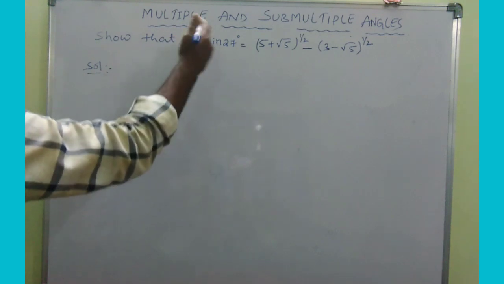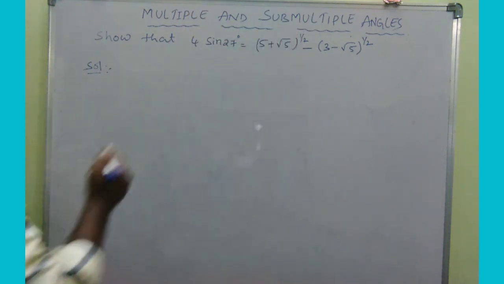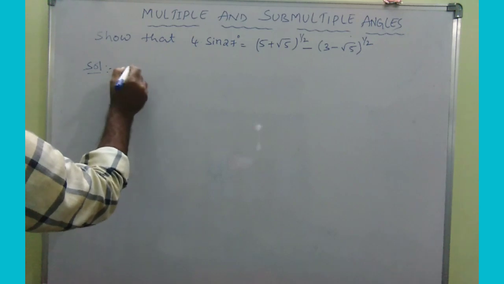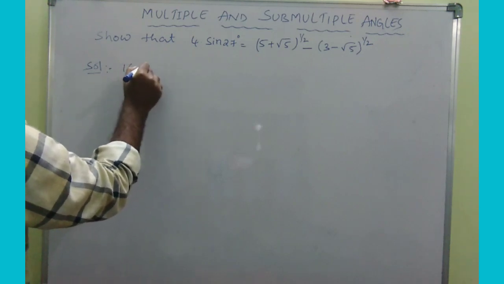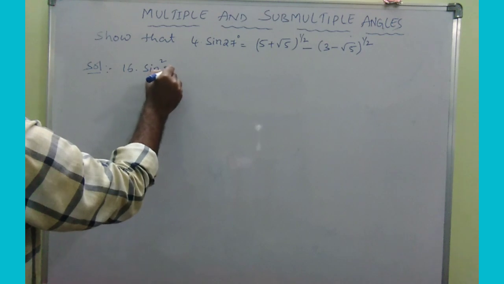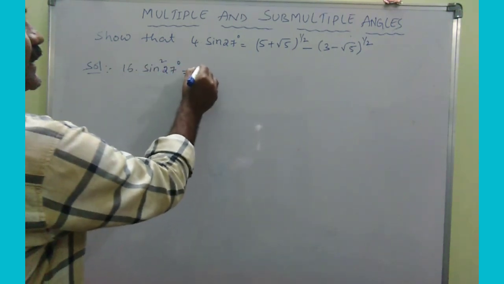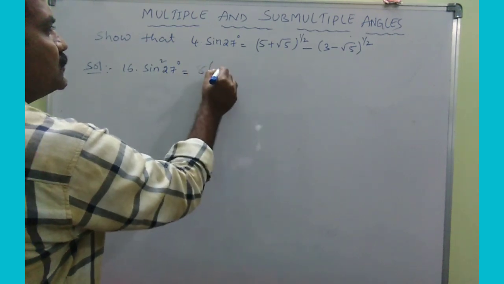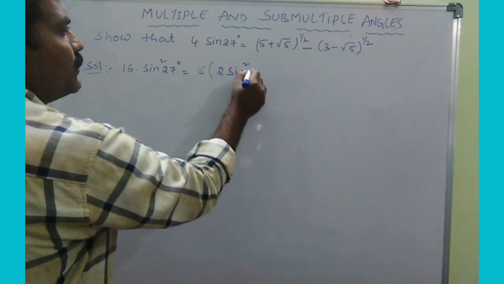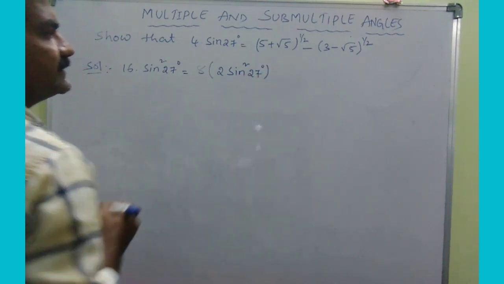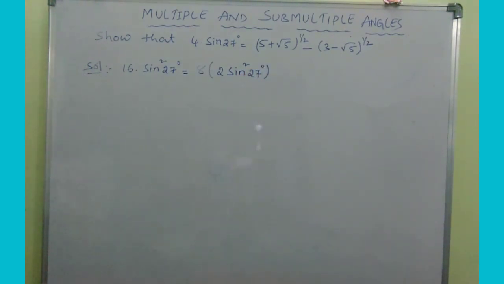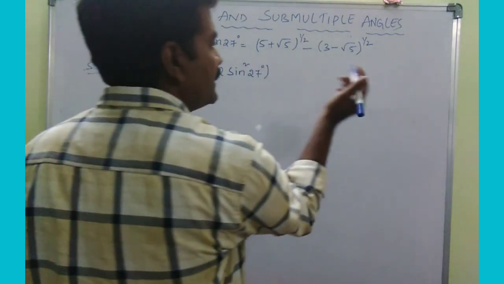So let us take the square of this one because it is involving the square root, no? So the square of this one is nothing but 16 into sine square 27 degrees, right? Furthermore, can I write this as 8 into 2 sine square 27 degrees. Now the term in the bracket is like 2 sine square theta.